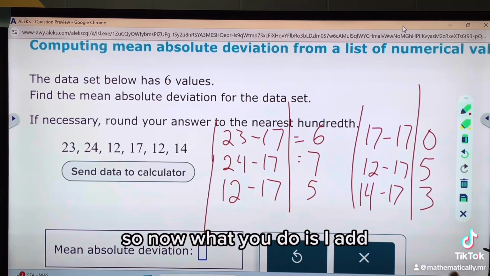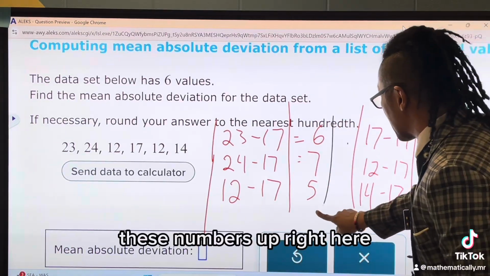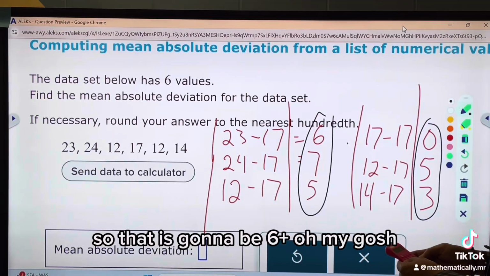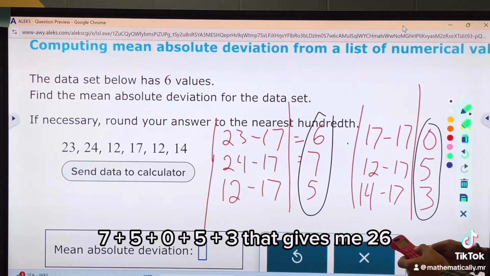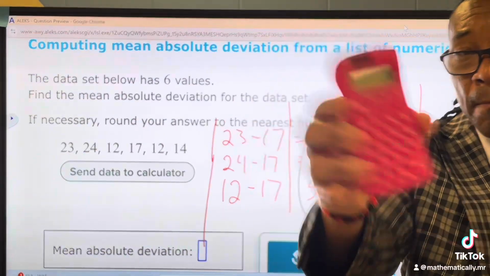So now what you do is I add these numbers up right here. So that is going to be 6 plus 7 plus 5 plus 0 plus 5 plus 3. That gives me 26.